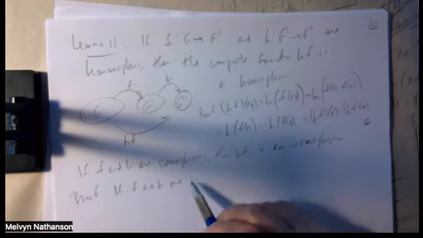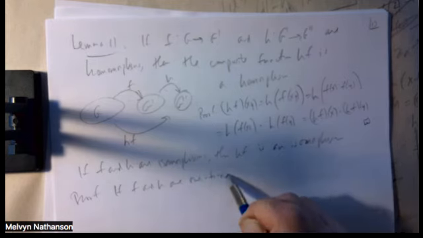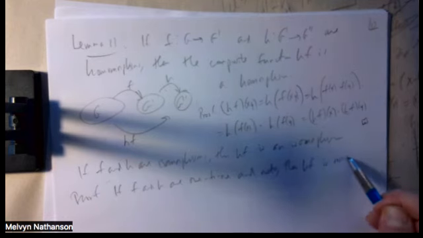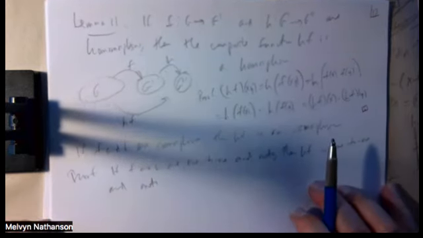Well, if f and h are 1-to-1 and onto, then hf is 1-to-1 and onto. So one of the facts about functions in general is the composite of two 1-to-1 functions is 1-to-1, and the composite of two onto functions is onto.